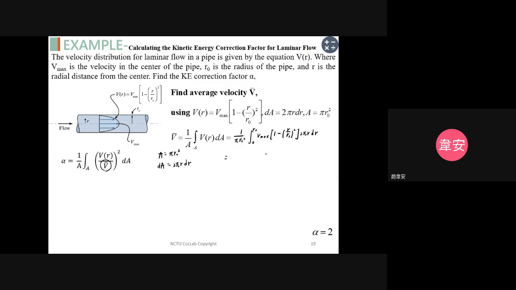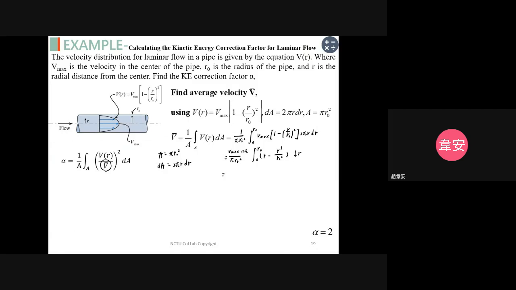We move the constant values outside, so we have 1 over pi r0 squared, v max, and 2 pi outside. Inside we have the integral from 0 to r0 of r minus r cubed over r0 squared, dr.